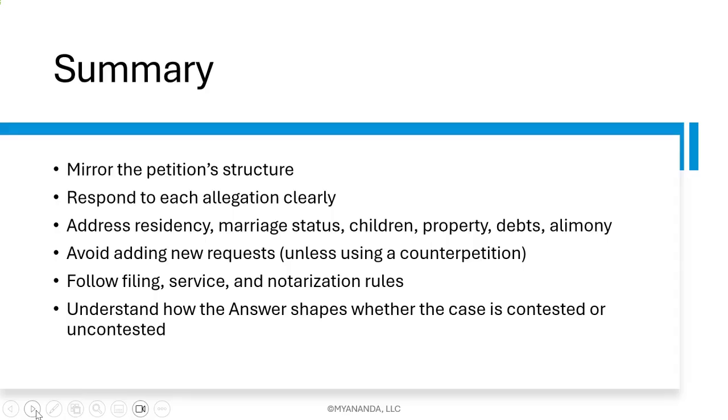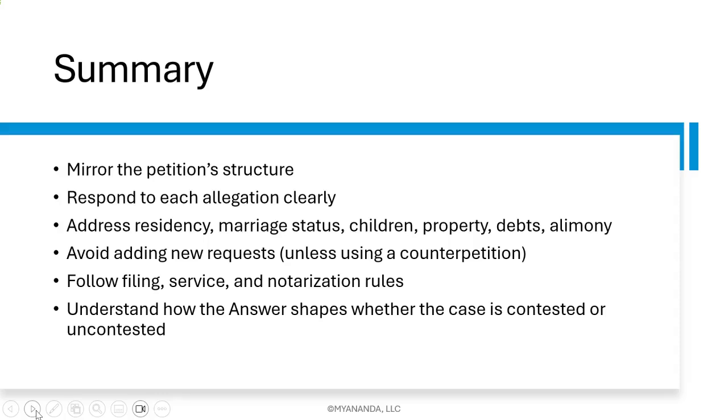Be sure to evaluate areas that are related to residency, the marital status, children of the marriage, property and debts of the marriage, and any kind of spousal support or alimony requests in the petition. Don't add new requests as the respondent. You don't want to add new requests. Instead, you would use a counter petition.